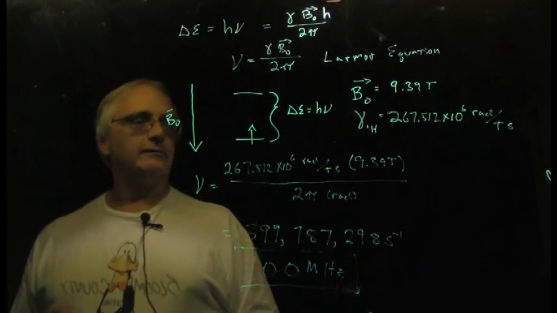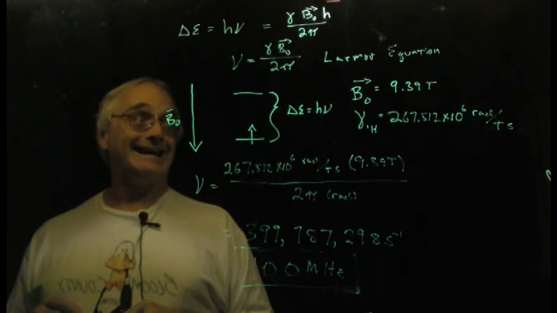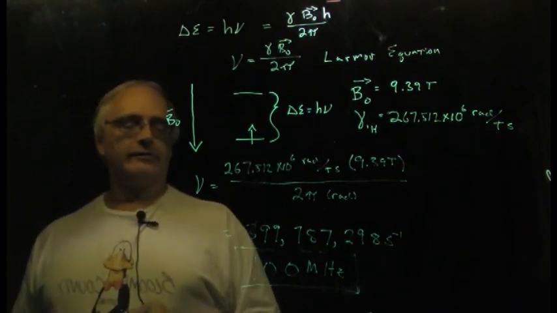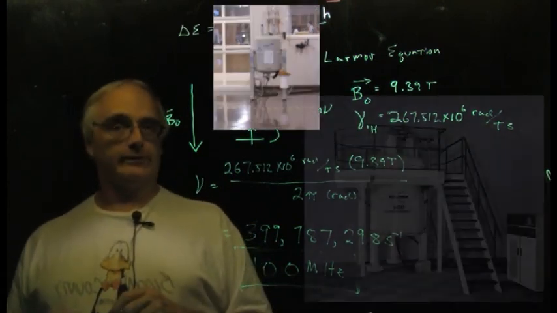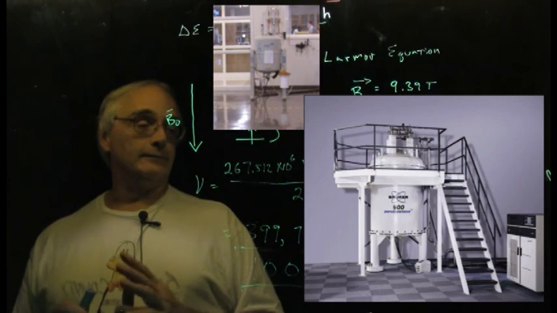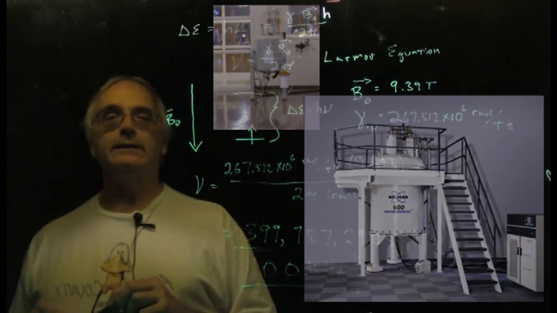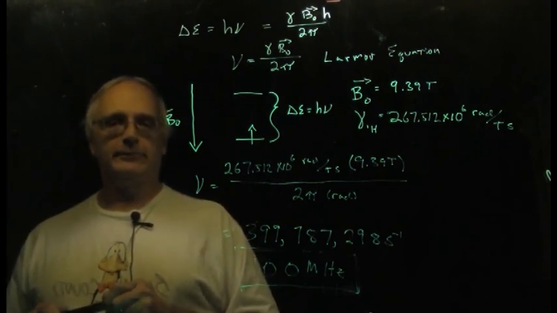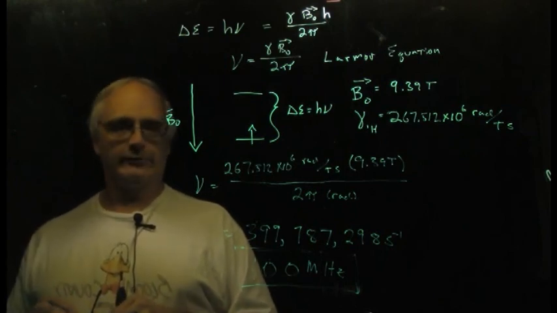That is the frequency of light we need to make protons transition between their two spin states in our magnetic field. As far as instruments are concerned, it is not the smallest one available. It is not the largest one by any shot. It is a nice mid-range instrument. It does pretty much everything we need it to do here. It's a good standard type instrument that does a lot of interesting stuff for us.